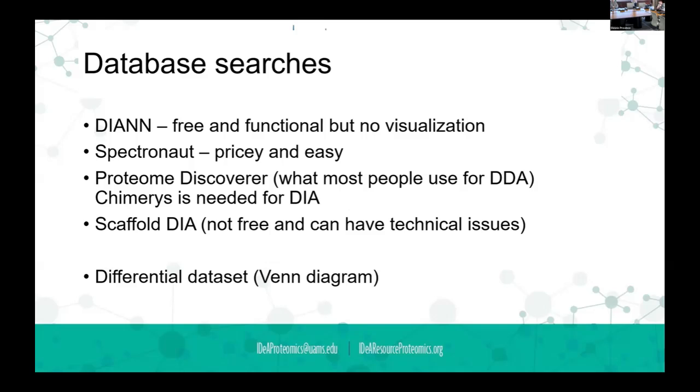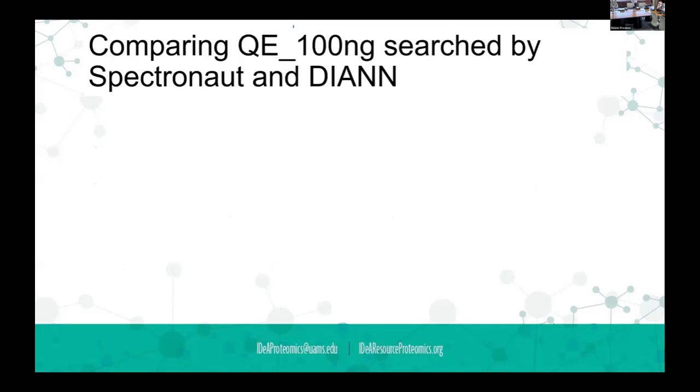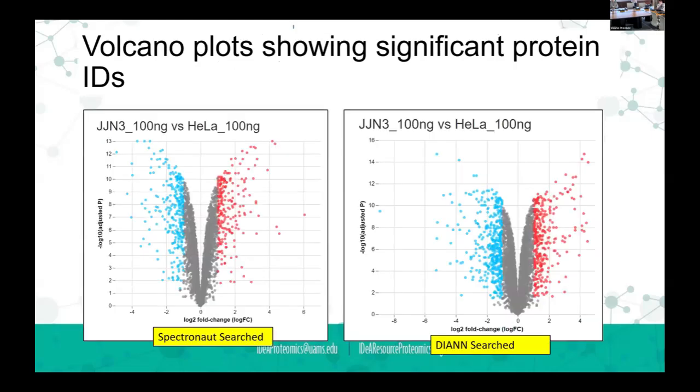So, trying to do the same thing, I want to compare QE data, 100 nanograms, this same experiment here, searched by Spectronaut and DIA-NN. Just like you're saying it's platform specific, is it database or software specific as well? Obviously, you saw earlier that the numbers are not the same between all of these different players.